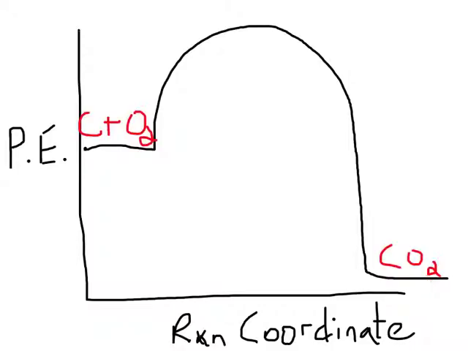What if the first step involved changing this carbon, which is usually a solid at room temperature, into a gas? That was the first step. And then the second step was to combine the new carbon that we just turned into a gas with the oxygen to form CO2 gas. What would that look like?